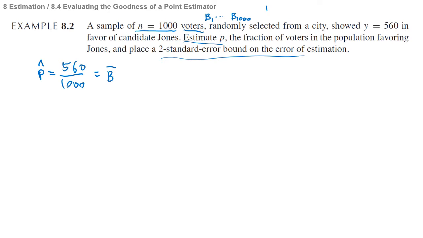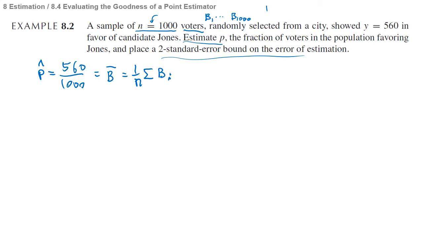If we think that each of these samples is a Bernoulli trial, then p hat is the average value of the Bernoulli trials.